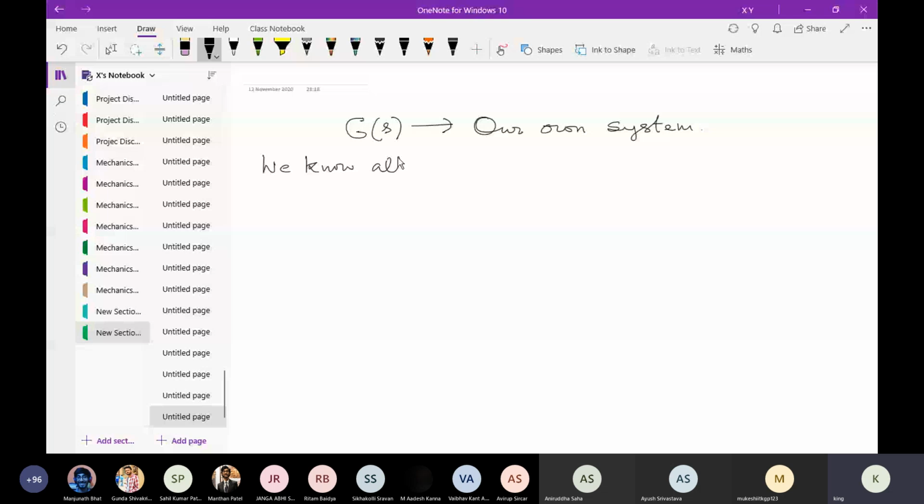We know all its ins and outs, that is, poles and zeros.